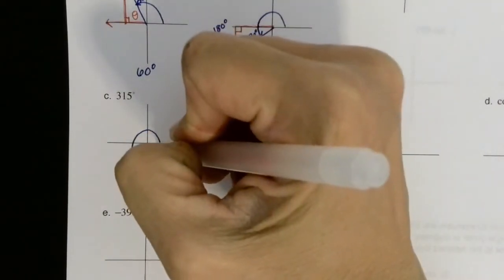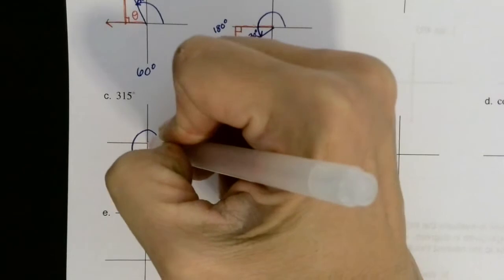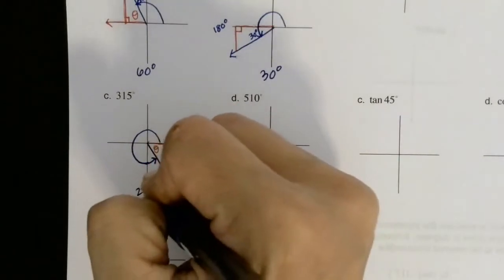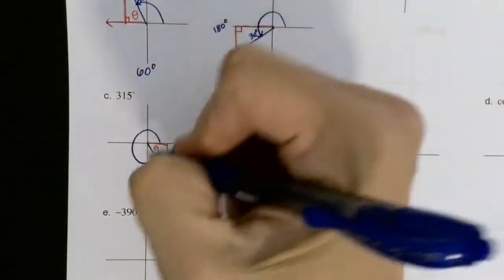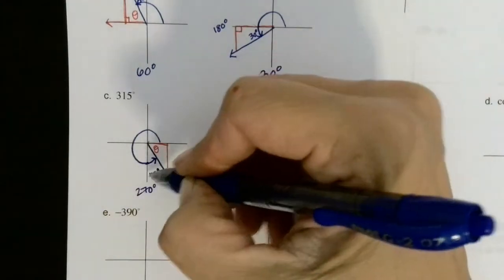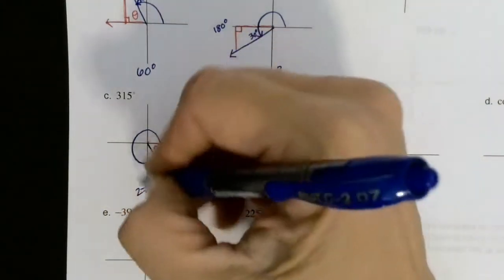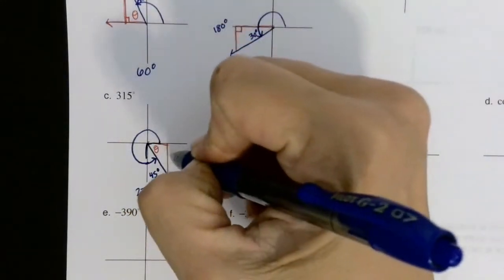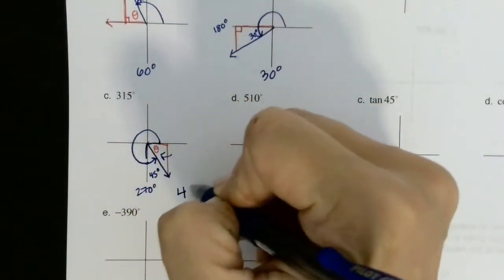The reference angle is that angle right there. So what is that angle? Well, how much past 270 did I have to go to get to 315? That's going to be 45 degrees. So if this piece is 45 degrees and the whole quadrant here equals 90, then that piece also must be 45 degrees.